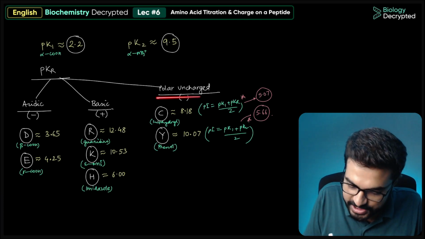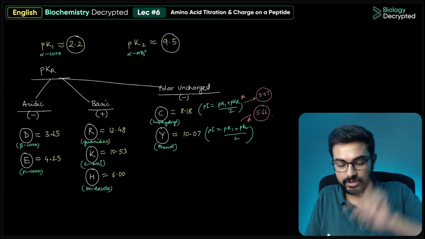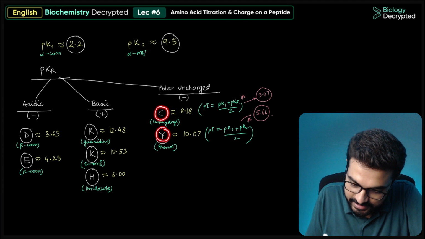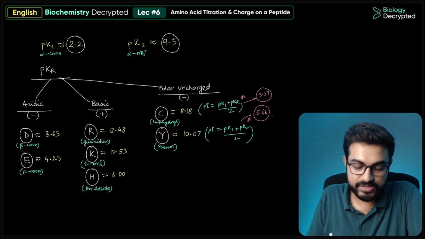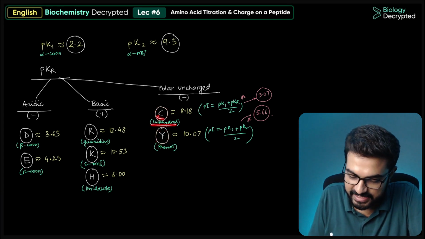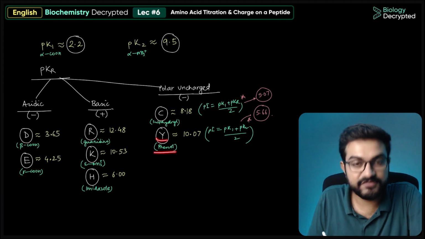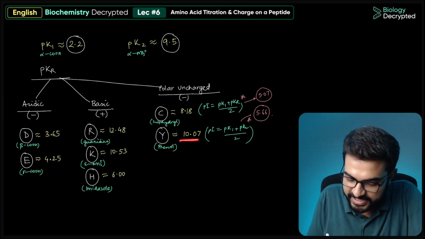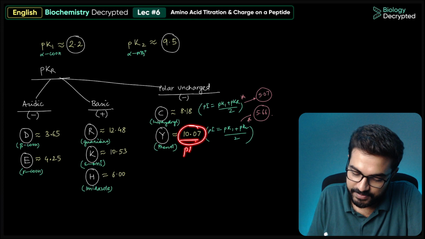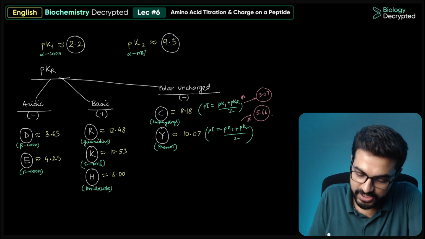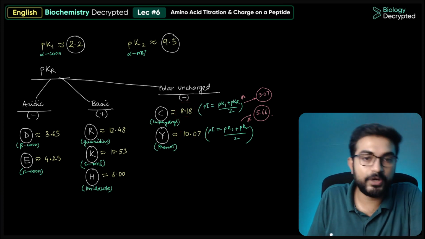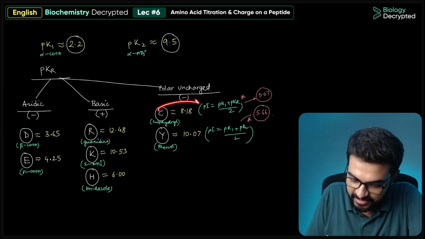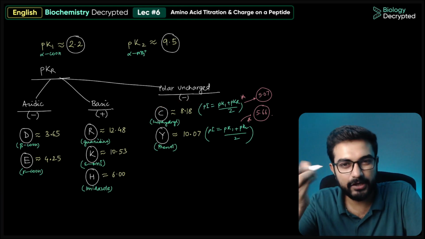Now for polar uncharged amino acids, I had told you about cysteine and tyrosine. The group for cysteine is sulfhydryl, and for tyrosine it's phenol. This phenolic group has a side chain pKr of 10.07, and for cysteine it's 8.18. These are two exceptional cases.